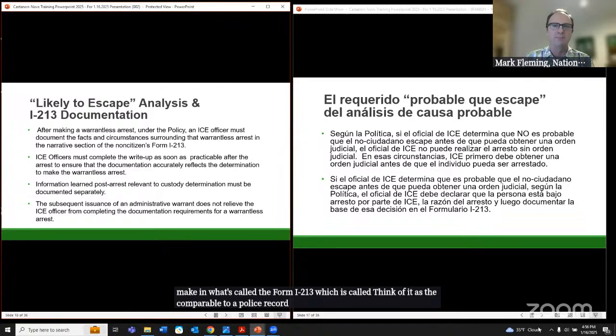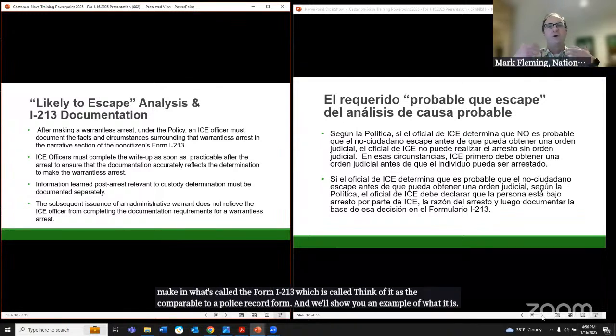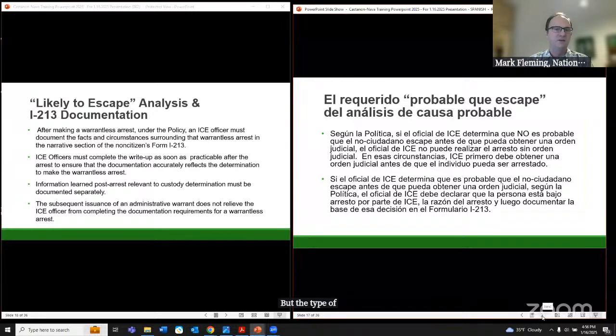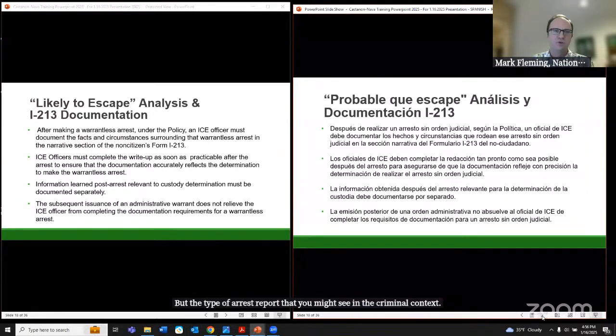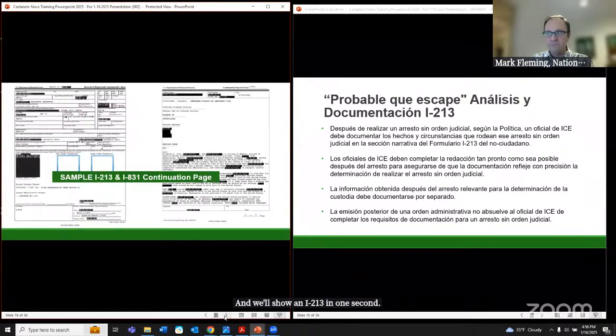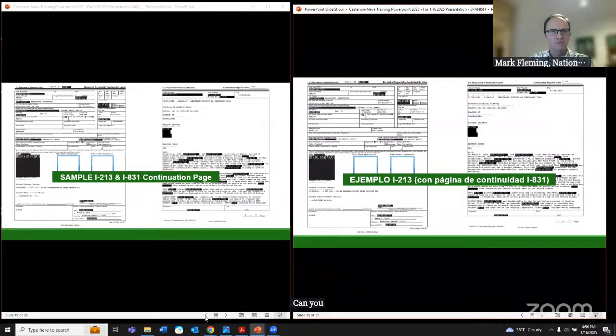And we'll show you an example of what it is, but the type of arrest report that you might see in the criminal context. And we'll show an I-213 in 1 second. Can you go back 1 slide? We're not there yet.